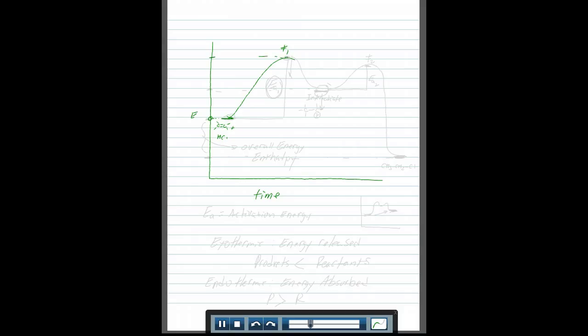That's your transition state 1. And it tips down to a plateau. The energy associated with this plateau, whatever energy it is, is the energy of the intermediate. In this case, our intermediate is the carbocation.